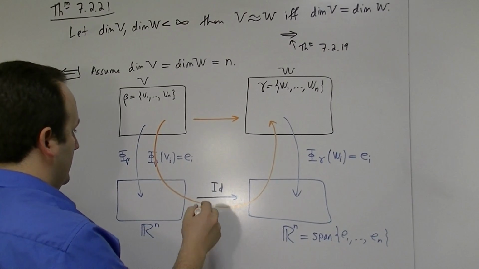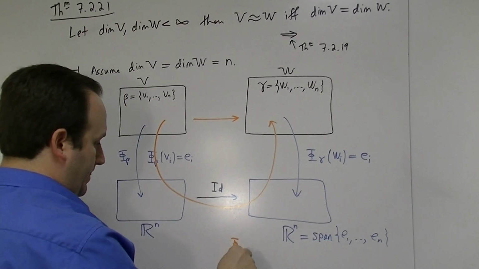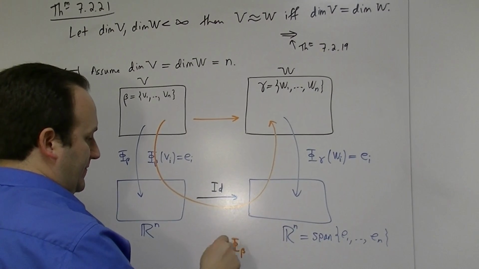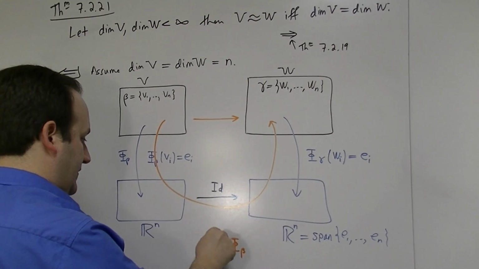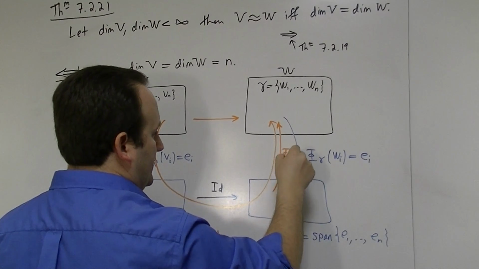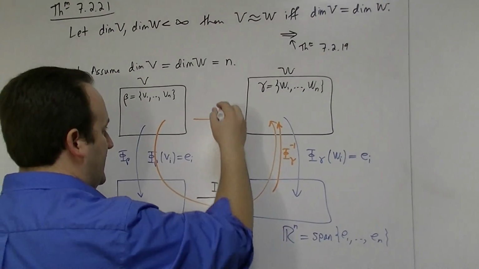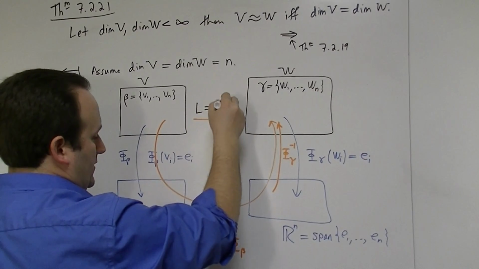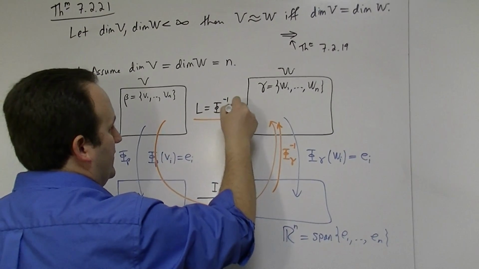I start with phi beta, compose with the identity, which I won't bother writing, then compose with phi gamma inverse, right? If phi gamma goes this way, then this would be phi gamma inverse. So the map I'm going to propose as an isomorphism is L equals the inverse of the gamma coordinate map composed with the beta coordinate map.